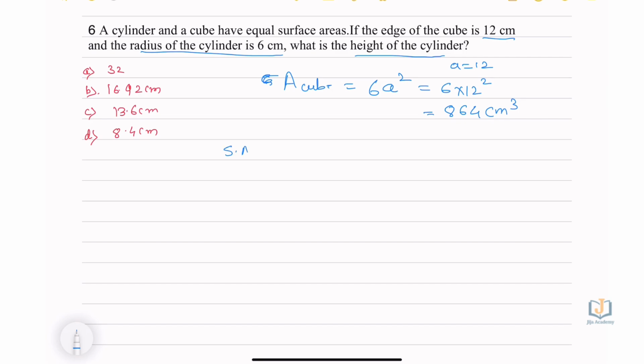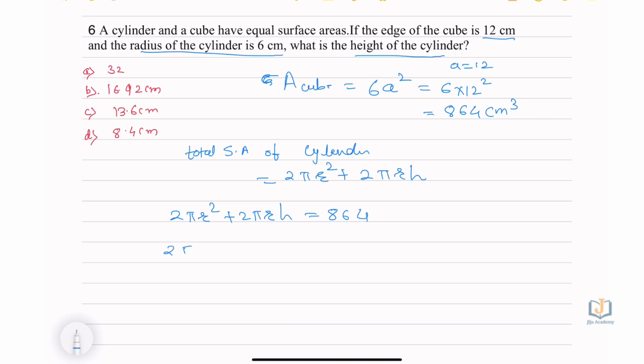But the total surface area of the cylinder is equal to 2πr² plus 2πrh, and both areas are the same. So 2πr² plus 2πrh is equal to 864.